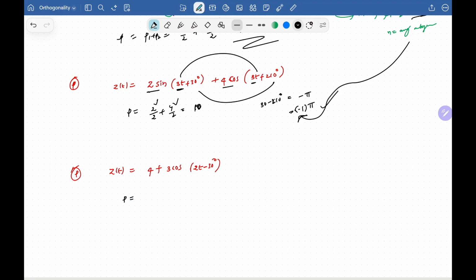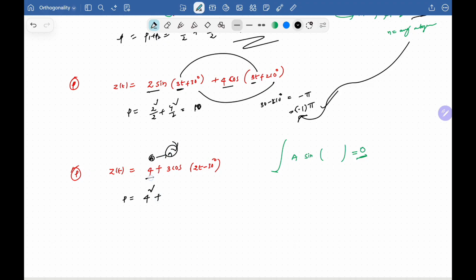You have to remember one more point: if the DC component is given along with sine of something or cos of something, it is always orthogonal and satisfies the orthogonality condition. DC is orthogonal to each and every sinusoidal signal, that you need to remember. I already told you that when a DC component A is given, the power is A square only.